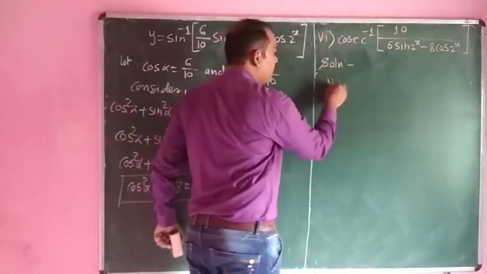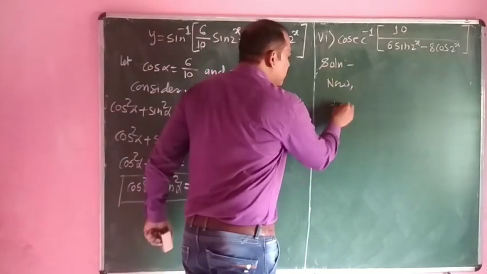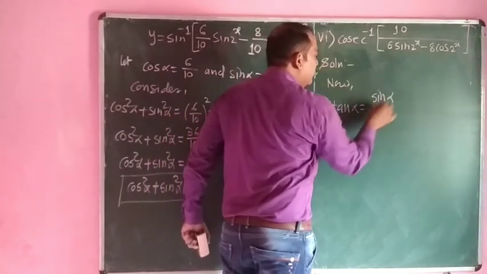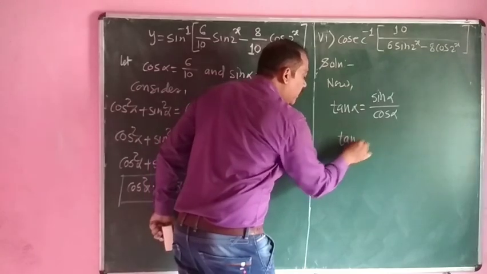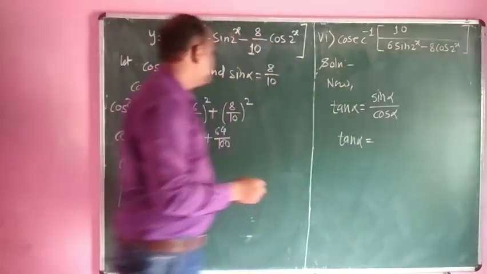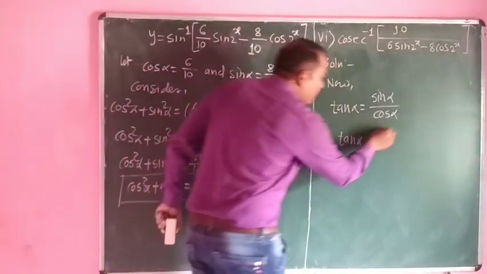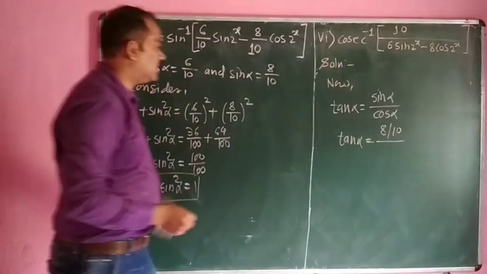Also we have to find the value of tan alpha. Now tan alpha is equal to sin alpha divided by cos alpha. That is, tan alpha is equal to, what is the value of sin alpha? Sin alpha is 8 by 10. Cos alpha is 6 by 10.